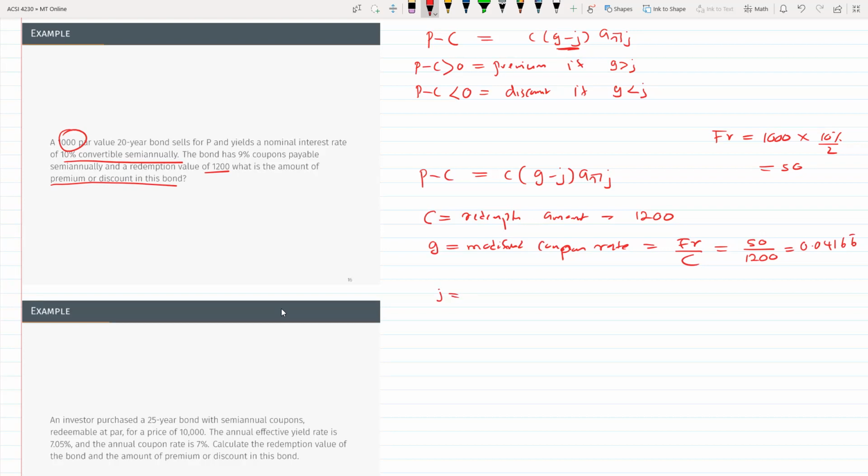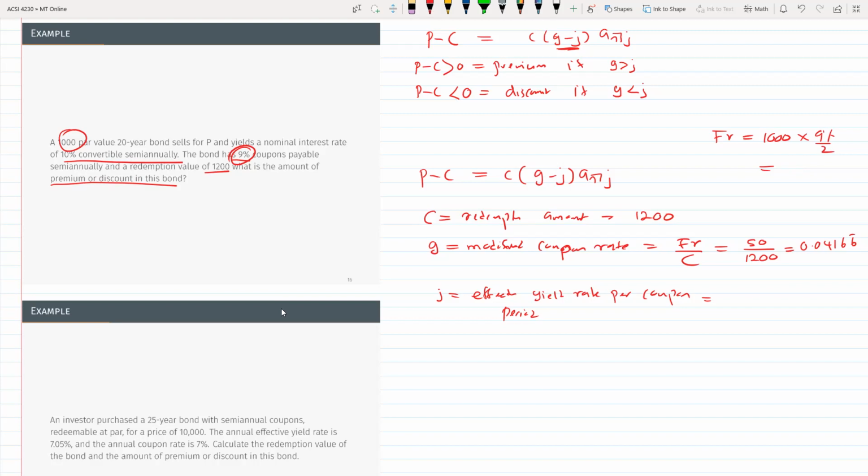J is the effective yield rate per coupon period. So what is the rate? The bond has a 9% coupon. Oh, I think I used a different rate. The yield rate is actually 10%. The coupon is 9%. So I had to actually multiply by 9% here. Oh, so this is not right.